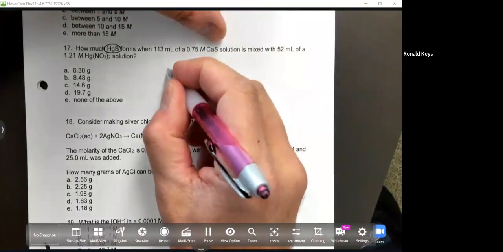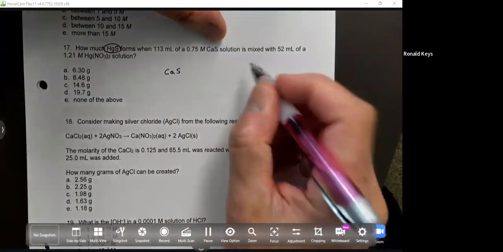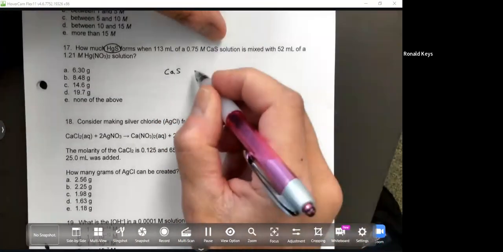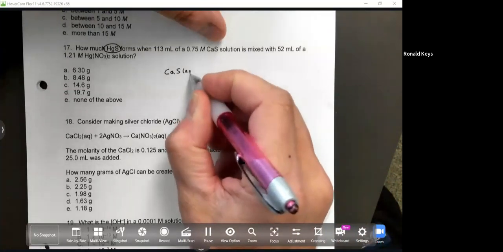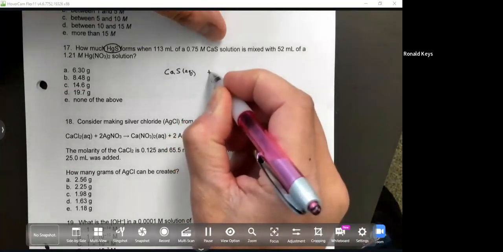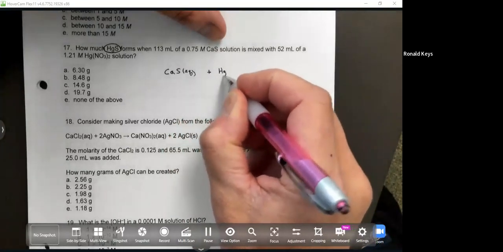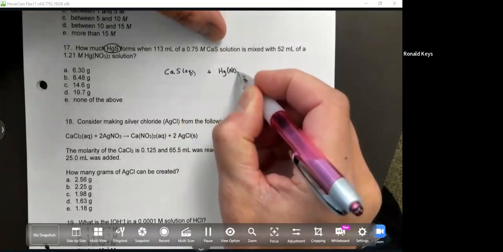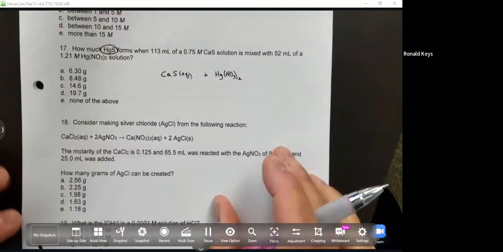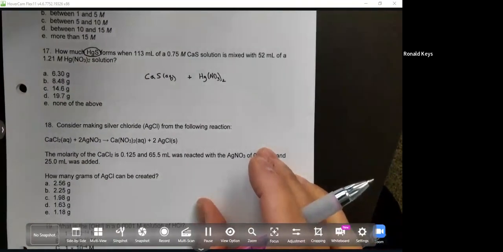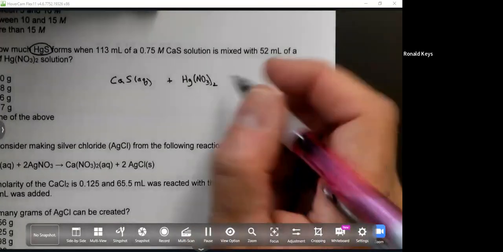Calcium sulfide solution is mixed, so this would be aqueous, plus mercury 2 nitrate. I'd better start writing a little bit lighter.